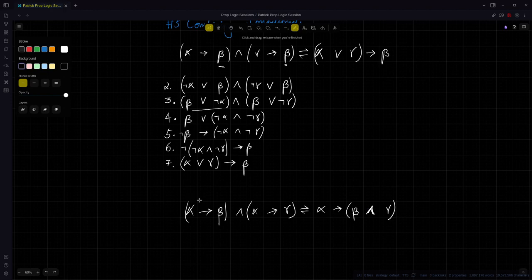So in the first one we're taking the antecedents, and the two antecedents become a conjunction in the antecedent of the implication. And in the second one, we're taking the two consequents, making a conjunction, and that's the consequent.